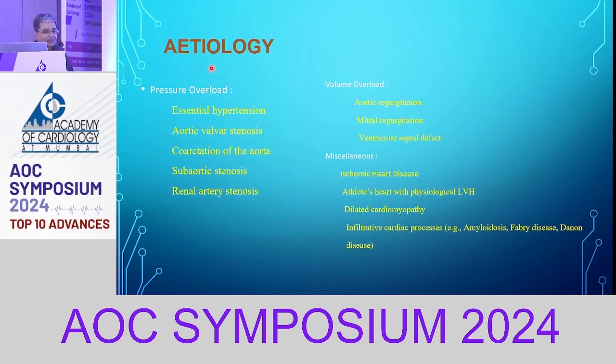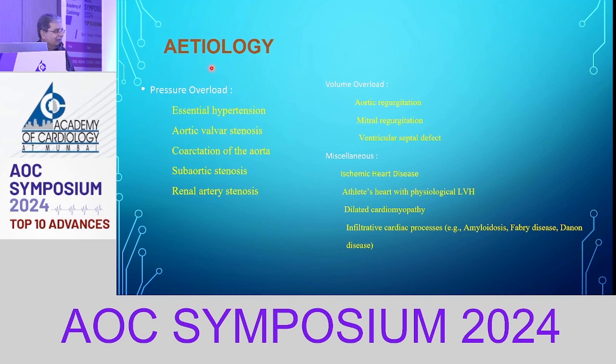So this is essentially the etiology. We have pressure overload on one side, which is essentially obstructive lesions. Essential hypertension, of course, being something like a peripheral obstruction, and other types of coarctation, aortic valvular stenosis. Volume overloads will be regurgitant lesions, and the other things would be ischemic heart disease.